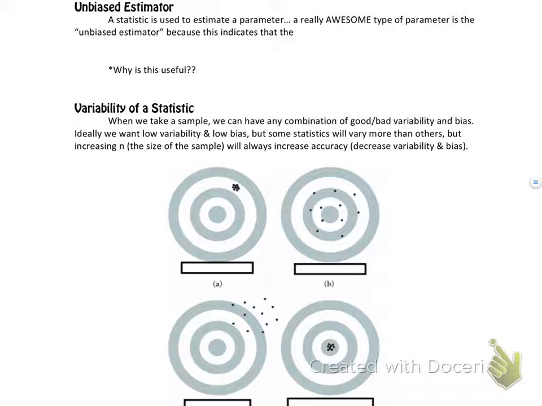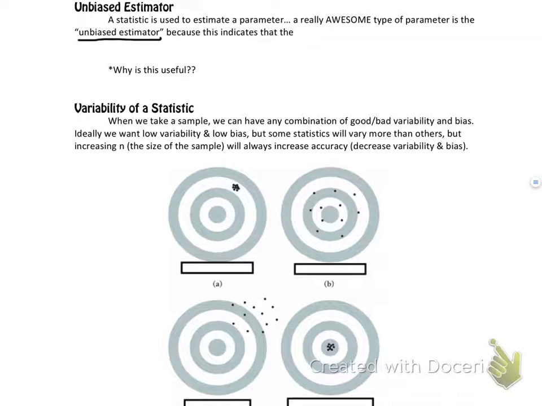Okay, so with this in mind, we want certain types of statistics for this scenario. So an unbiased estimator is something that we really want. An unbiased estimator is a statistic that when we use it to estimate the parameter, has the mean of its sampling distribution equal to the true parameter of the population.